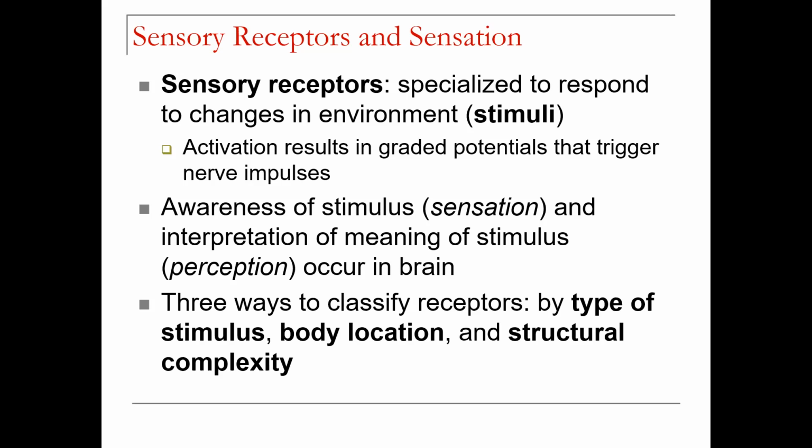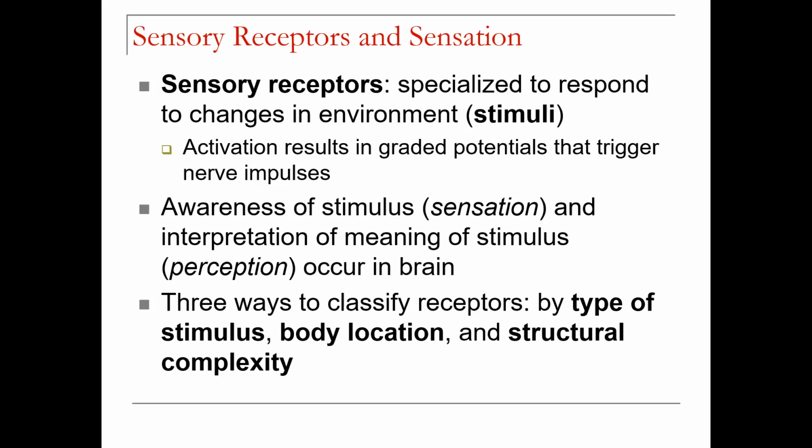We have to be aware of the stimulus, because lots of stimuli don't even rise to the level of awareness. I mean, consider sound that's outside the range of hearing. It's still making a sound, but we can't hear it. We're not aware of the stimulus. We don't have a sensation.